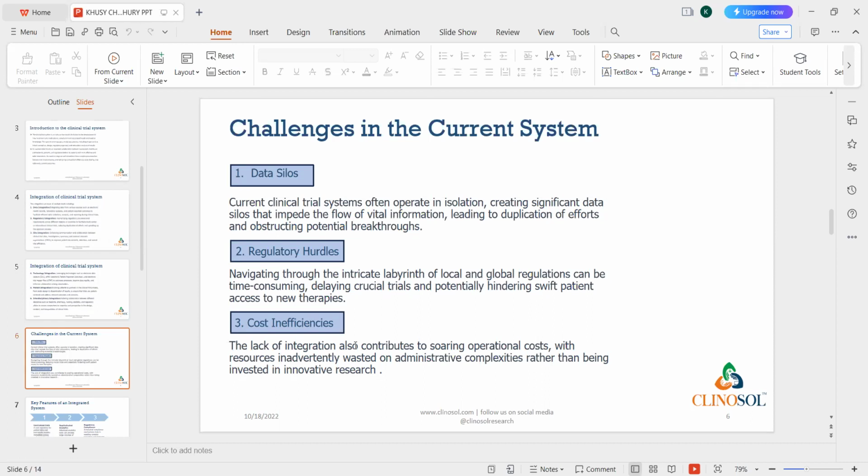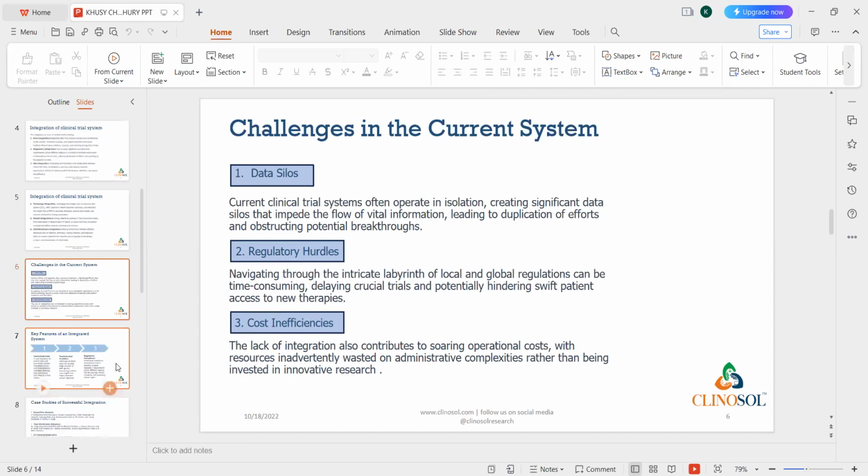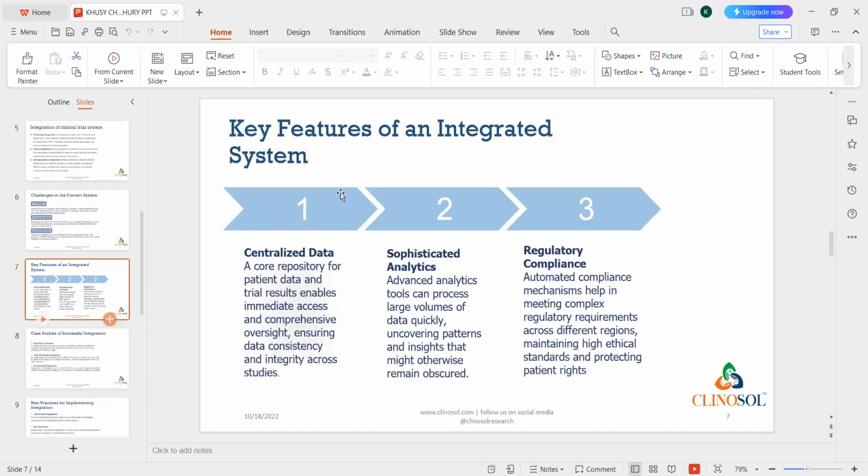Coming to the next slide, which is key features of an integrated system. Centralized data. A core repository for patient data and trial results enables immediate access and comprehensive oversight, ensuring data consistency and integrity across studies. Sophisticated analysis.